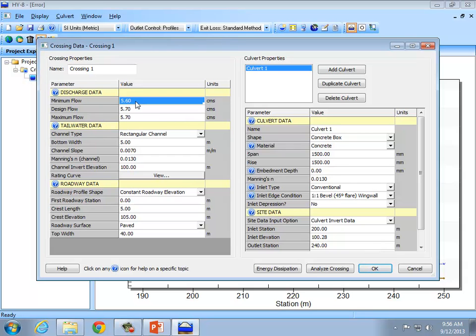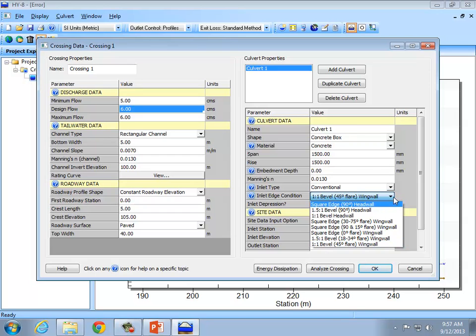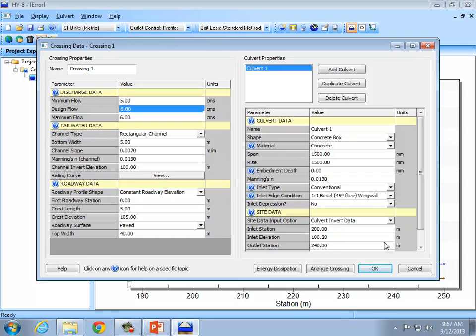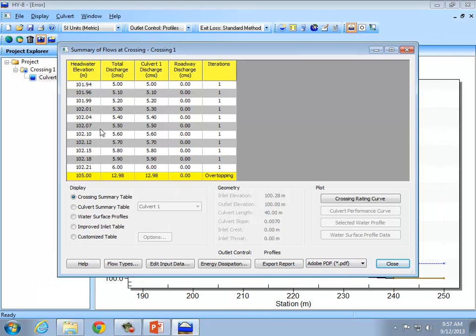And analyze the crossing again. Now we may need to change these flow rates because maybe it's not going to still be between 5.6 and 5.7. Let's have it go from 5 to 6. So all we did was we changed it from square edge 90-degree head wall to 1-to-1 bevel 45-degree flare wing wall. All right, so analyze crossing. Now, where does it get to the 2.28? It's actually above 6.